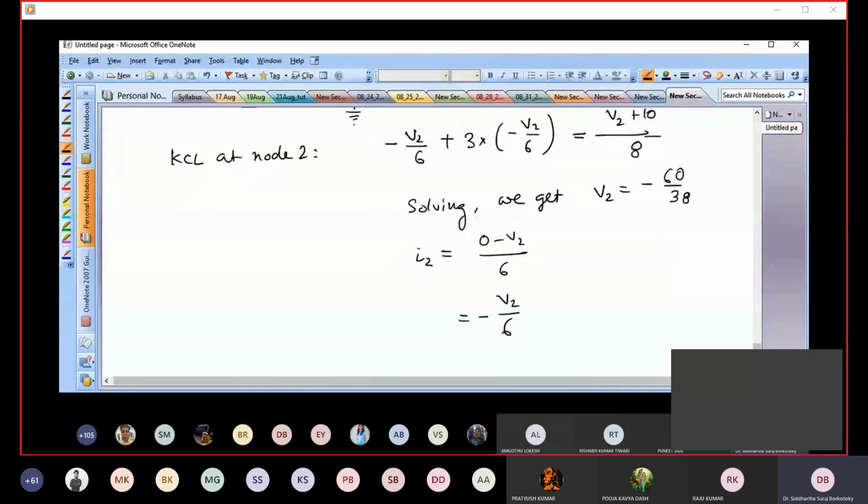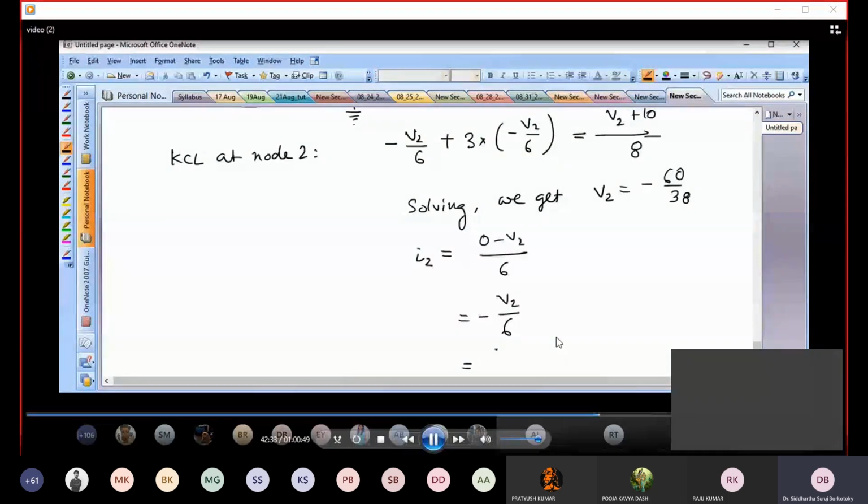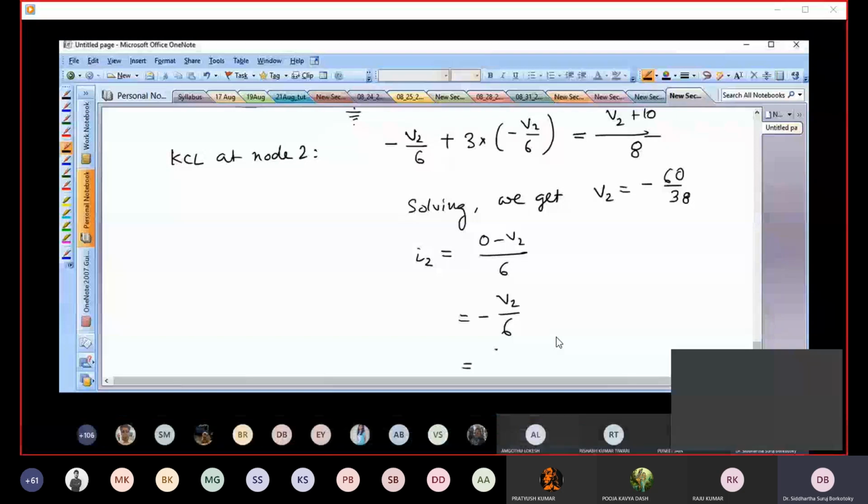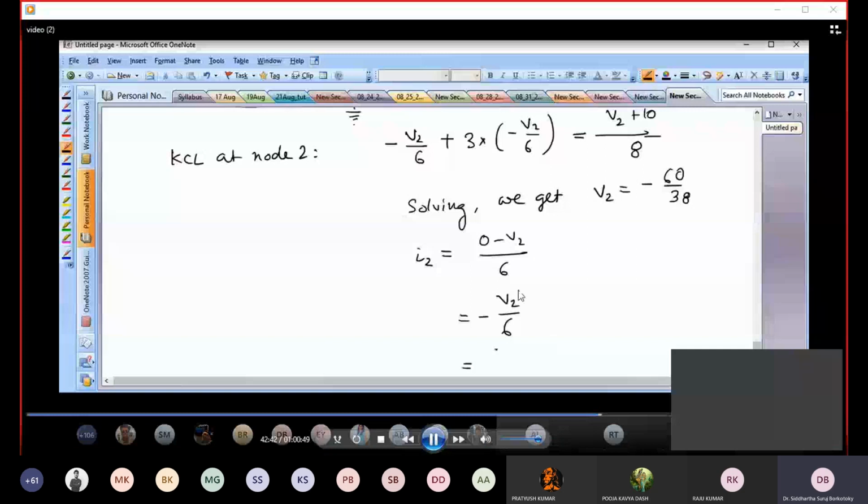But V2 itself is minus 60 by 38. So basically 60 by 38 by 6, which is equal to 0.263. So now I can again invoke our superposition theorem.